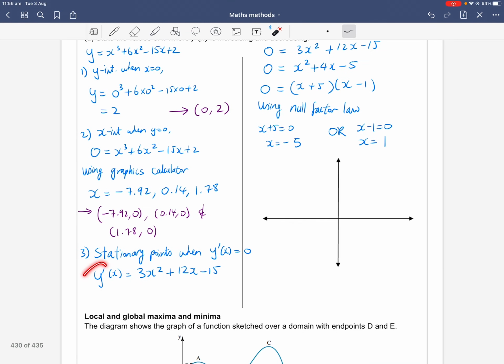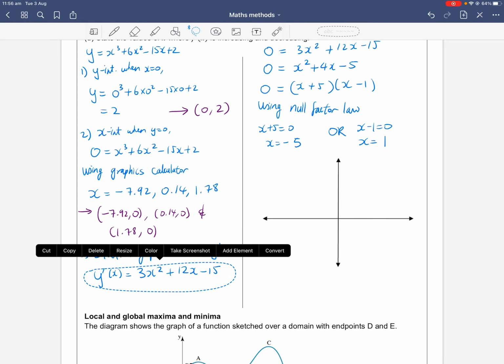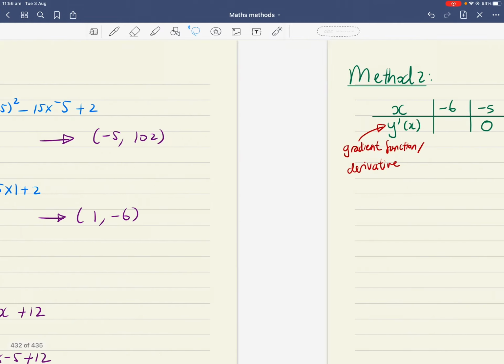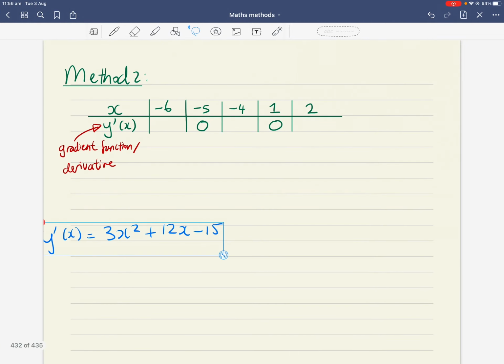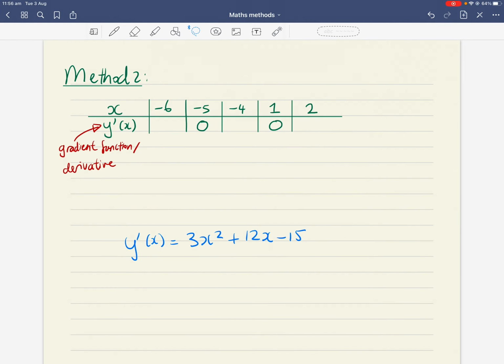Our derivative function was 3x squared plus 12x minus 15. I'm going to copy that over so I can see what I'm writing. In this box, it's 3 times -6 squared plus 12 times -6 minus 15. If you worked out what that is, that becomes 21.